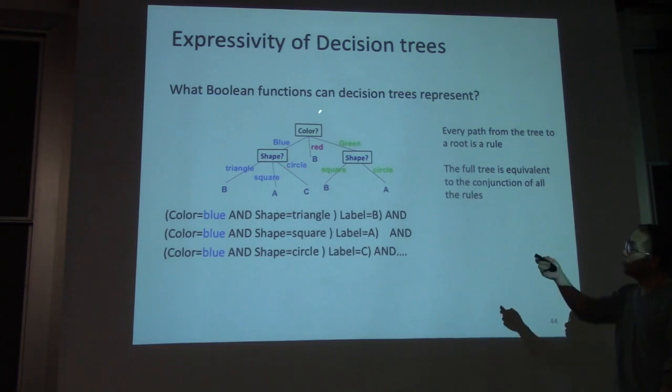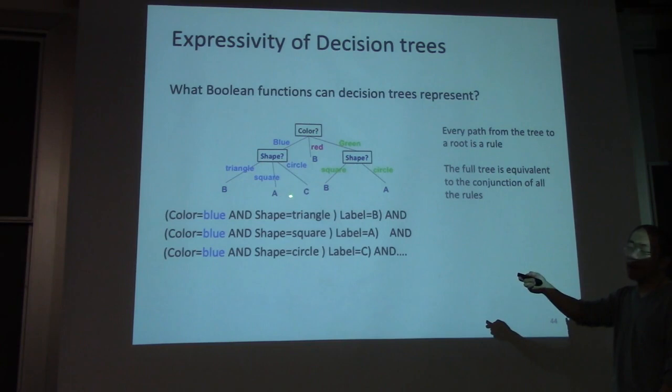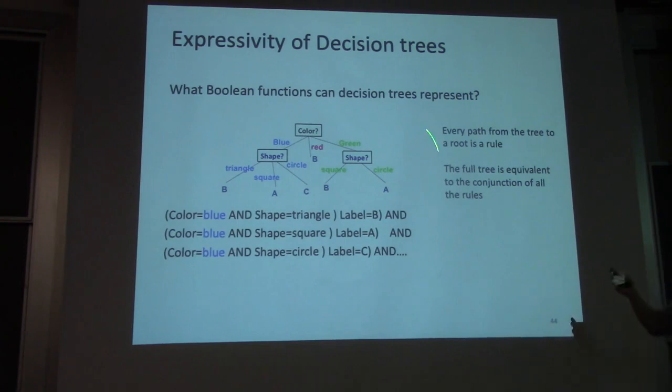You write down one path and convert it into a logic rule, right? So color is blue, shape is triangle, and label is B. Then you combine it with another path, which turns out to be another rule. So you can succinctly represent a decision tree as conjunction rules.